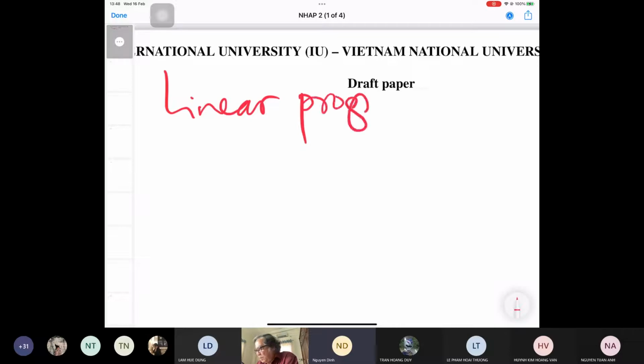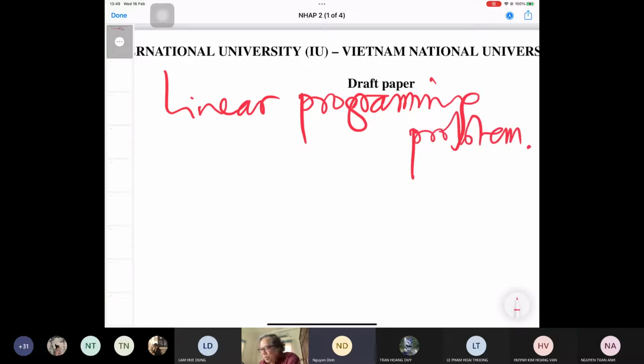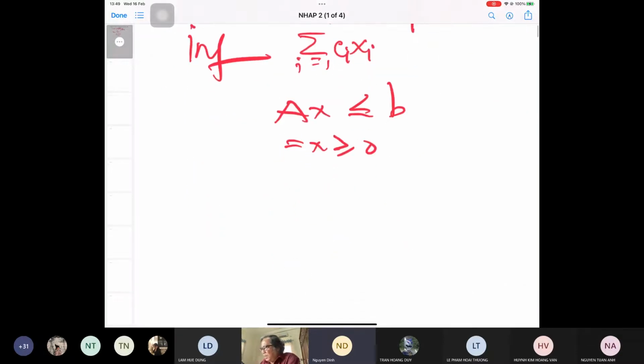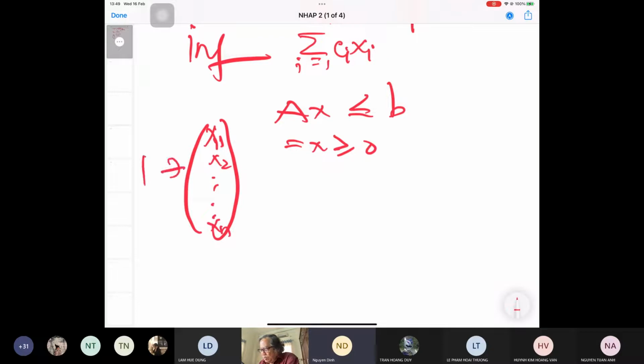A linear programming problem is a problem like this. Find the infimum of the sum of c_i x_i, i from 1 to n, subject to Ax less than or equal to b, and x greater than or equal to 0. x is equal to (x1, x2, ..., xn), which belongs to R^n.